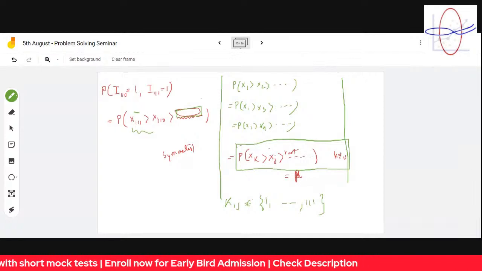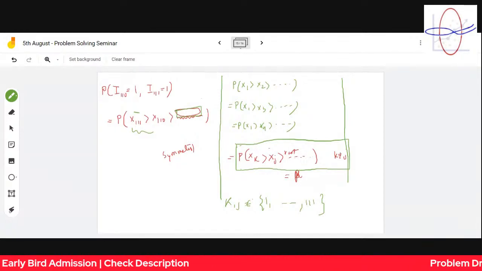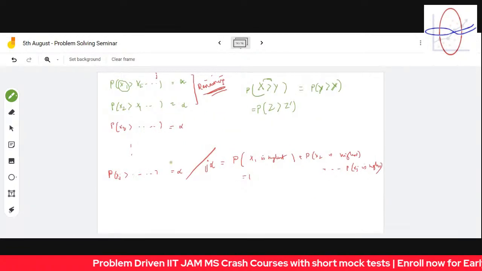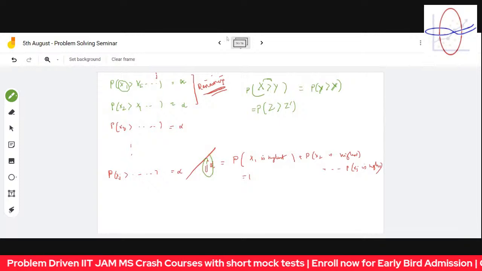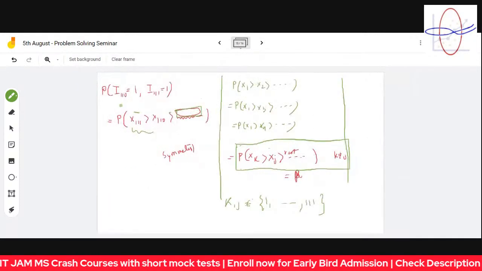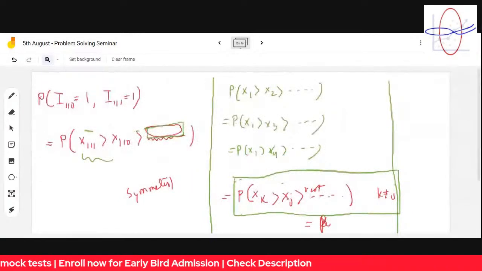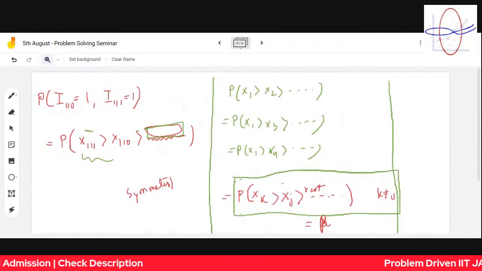What we are taking is xk and xj, where k and j are from the set 1 to 111. The 111 was for the previous one, 1 by j. Have you seen this type of idea?